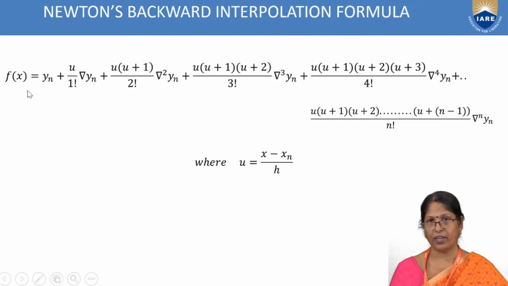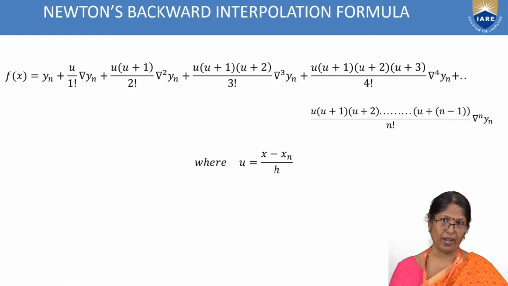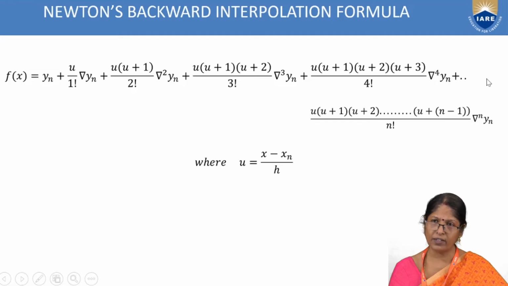F of x equals yn, where yn means the last term, plus u by 1 factorial del yn, plus u into u plus 1 by 2 factorial del square yn, plus u into u plus 1 into u plus 2 by 3 factorial del cube yn, plus u into u plus 1 into u plus 2 into u plus 3 by 4 factorial del power 4 yn, plus the next term. It is not written here, but we can say it easily.